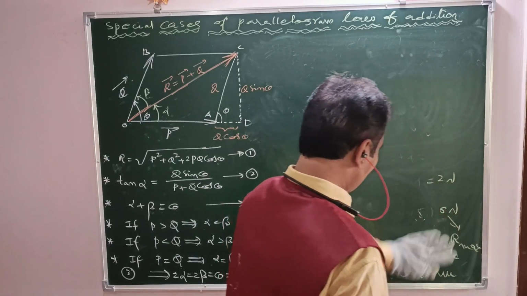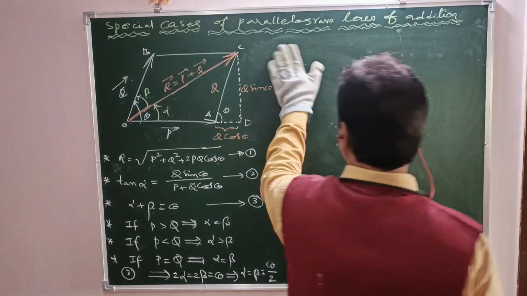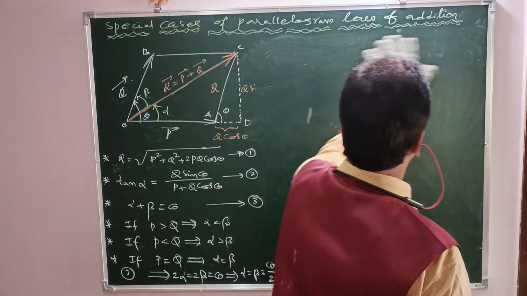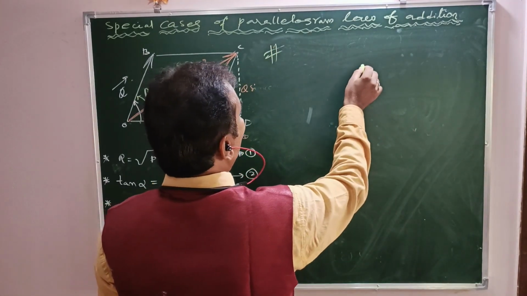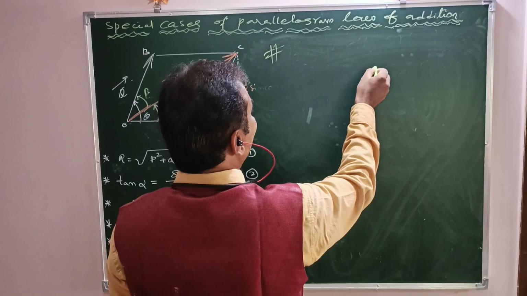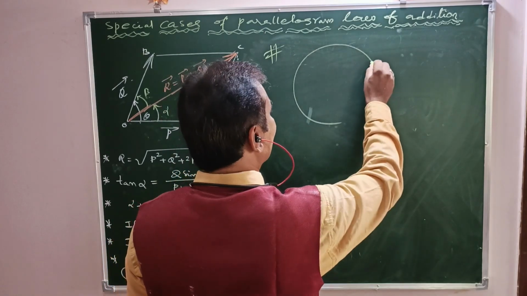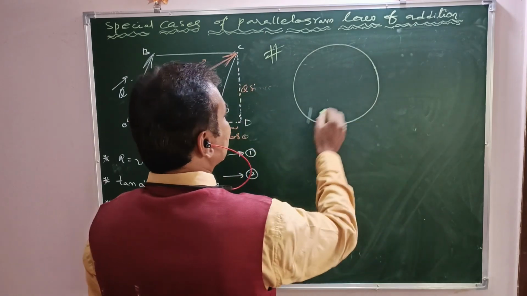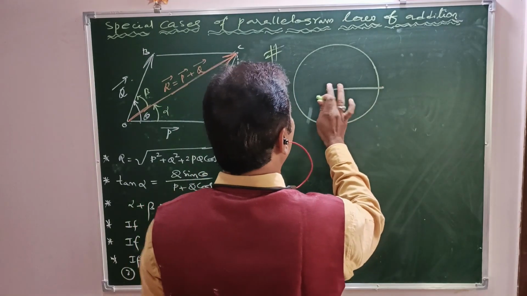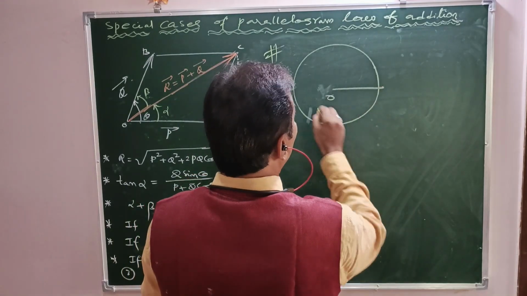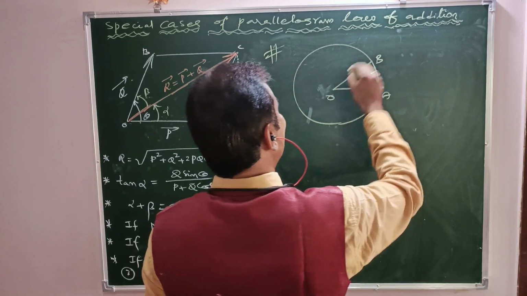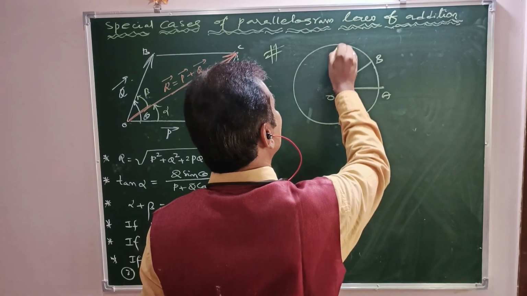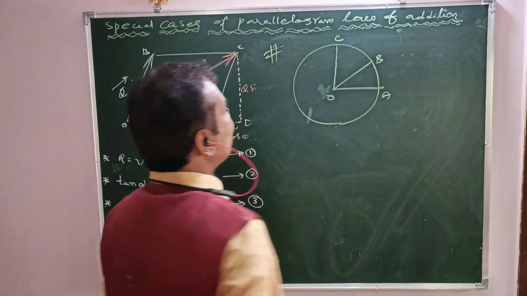One more sum. Here we have three vectors on a circle. Say this is OA from the center, this is OB from the same center, this is OC, right?